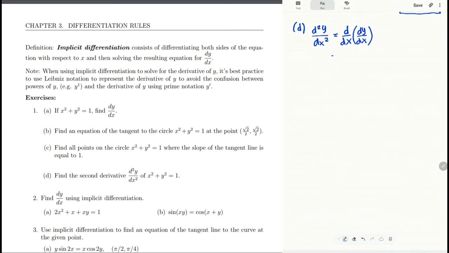So we know that from part A, the derivative of y with respect to x was equal to negative x divided by y. So if we want to find the derivative of negative x over y, we need to apply the quotient rule.